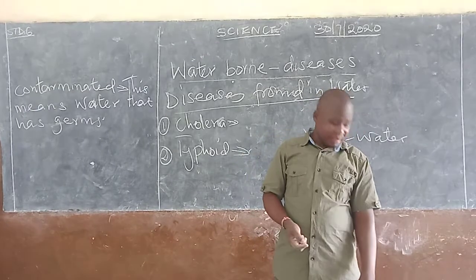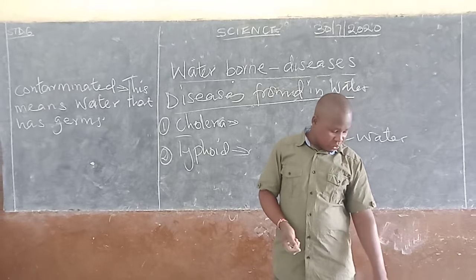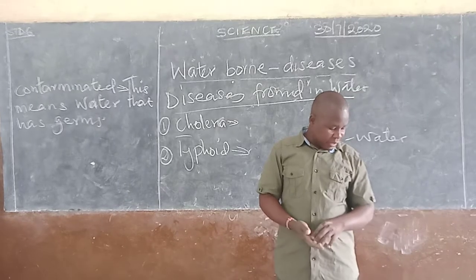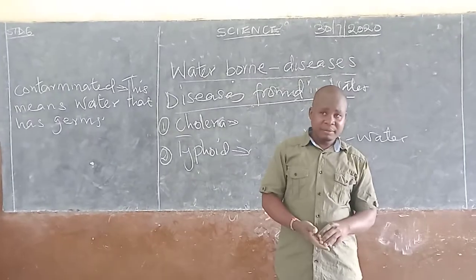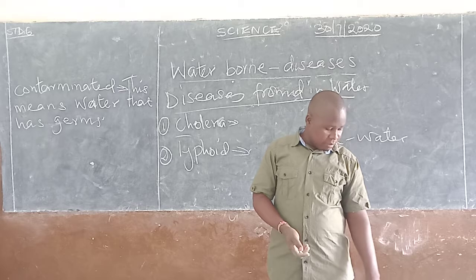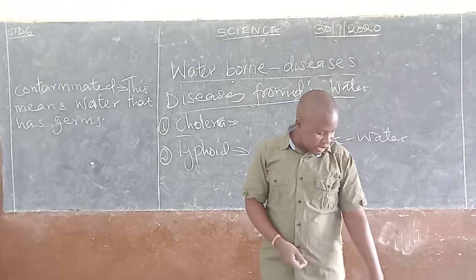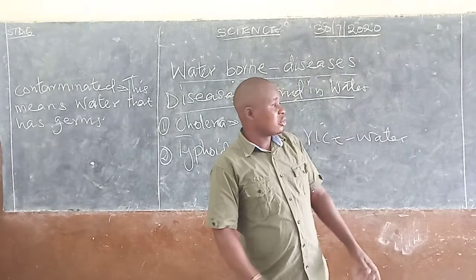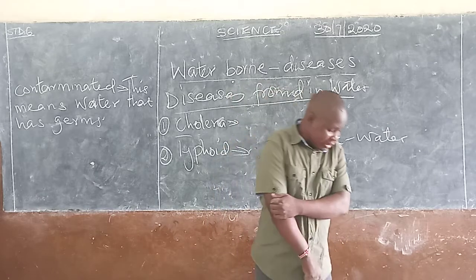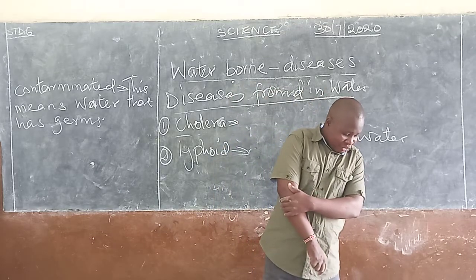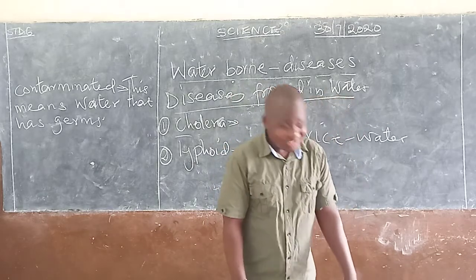Now let us see the signs and symptoms. Typhoid fever may develop with fever and abdominal pain, because it affects the intestines. We also have aches in the muscles and joints, and skin rash.